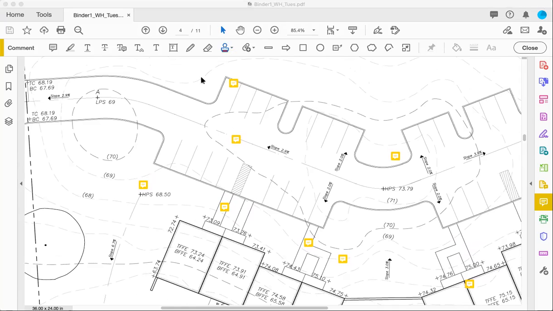I don't know where they are. 71, 72, 73, for instance. For instance, if that's your contours, so that's 72, 71, 70, and that's 69. Okay, so that's where 69 actually is over there.